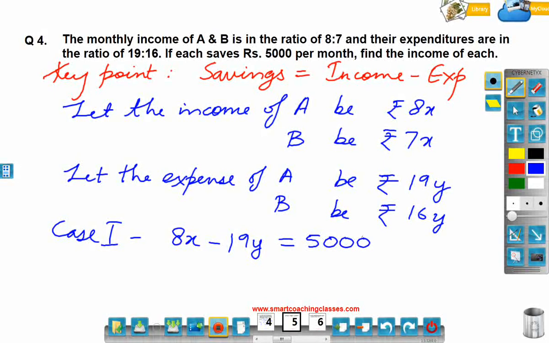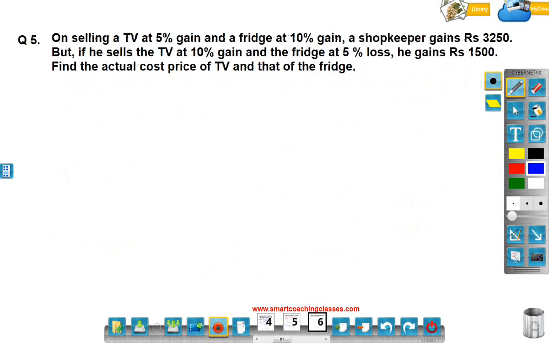And for B, it would be 7x minus 16y, and that will be equal to 5,000. So again, we are able to form two equations, case 1 and case 2. Case 1 is for A and case 2 is for B. I hope this clears. Next question.